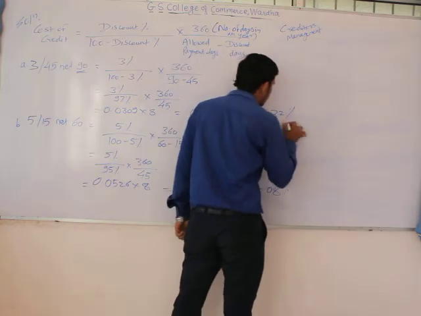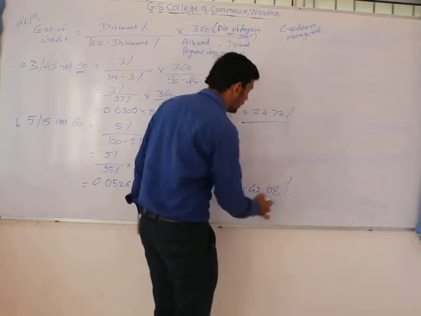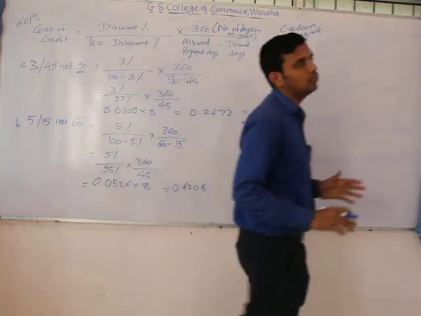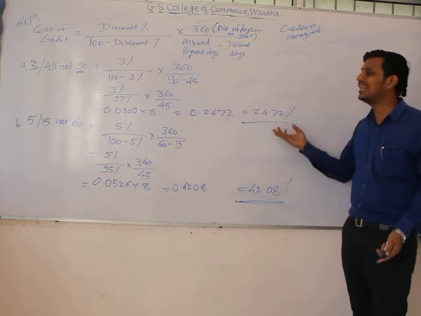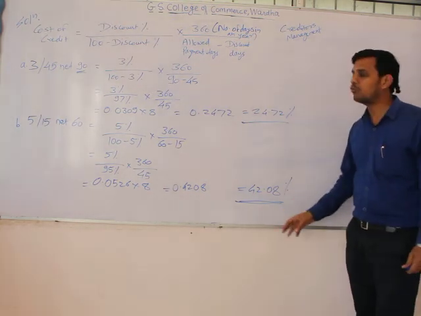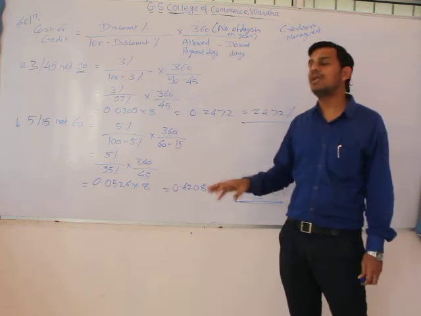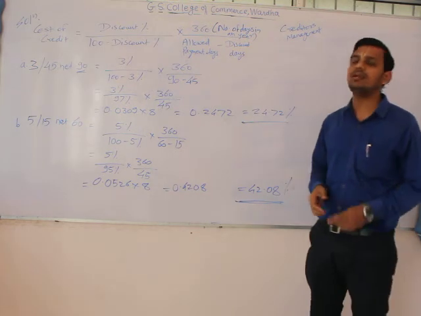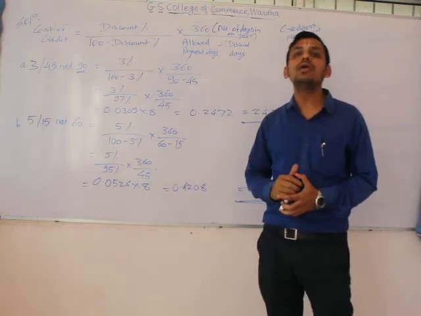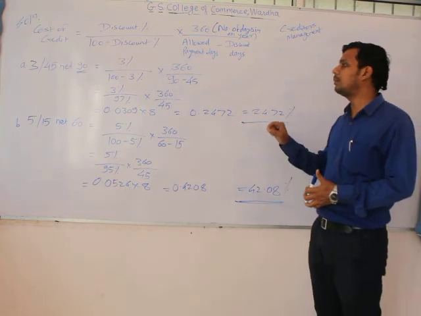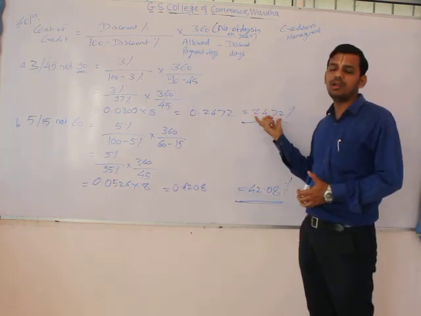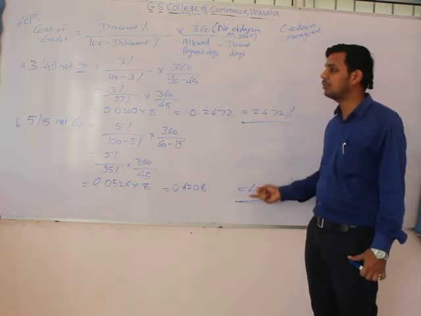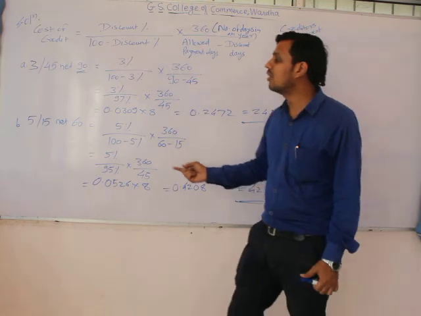in proposal A, the cost of credit was 24.72, whereas in proposal B, it was 42.08. So in proposal A, the cost of credit was naturally less as compared to proposal B. Therefore, in the recommendation or conclusion part, we would say that Sunflower Limited should go with proposal A, that is 3/45 net 90, because in this proposal the cost of credit is only 24.72, which is quite low as compared to proposal 2, that is 5/15 net 60.